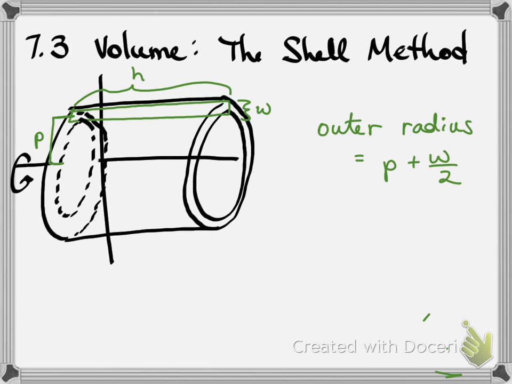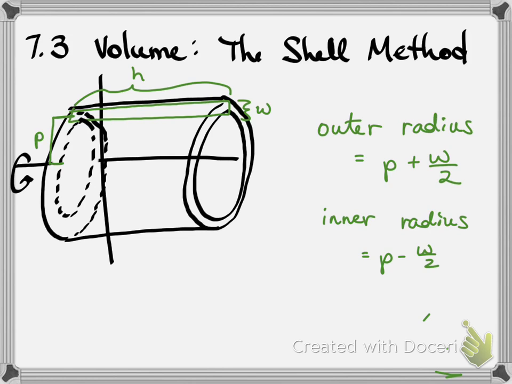And then the inner radius, which would be the empty part, the inner cylinder, is P minus W over 2. P would be the average radius of the shell.